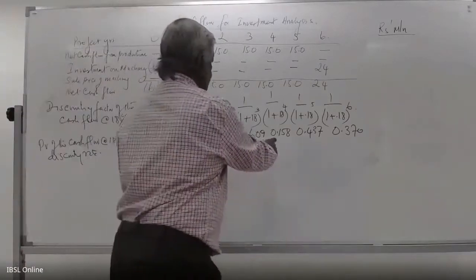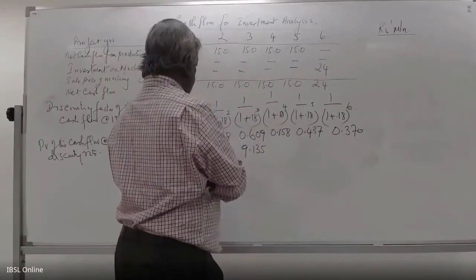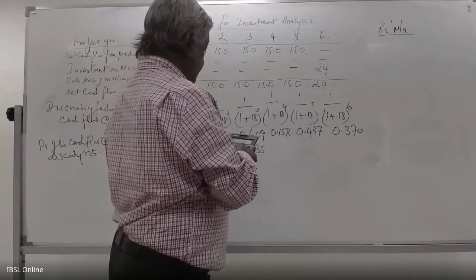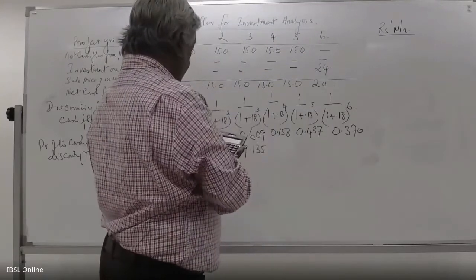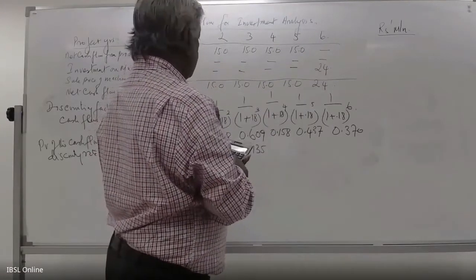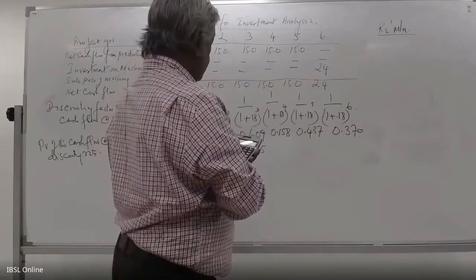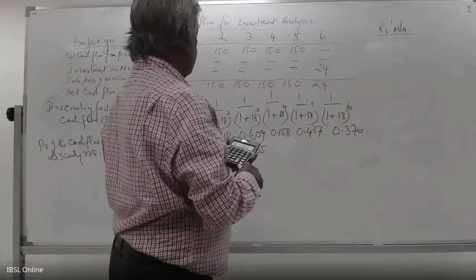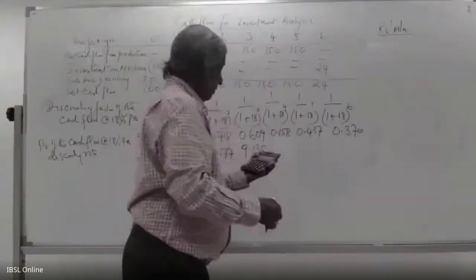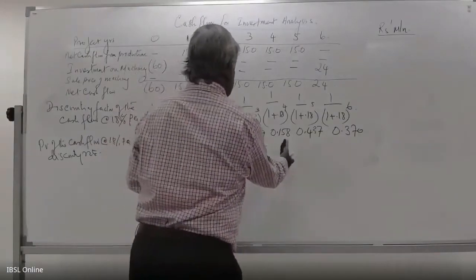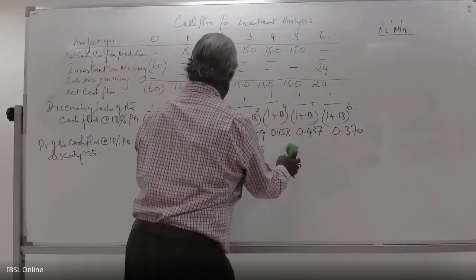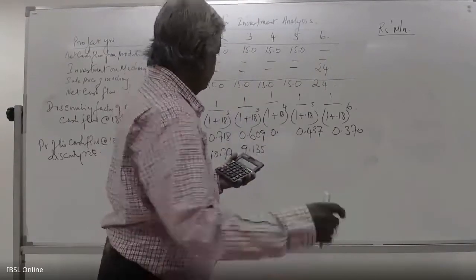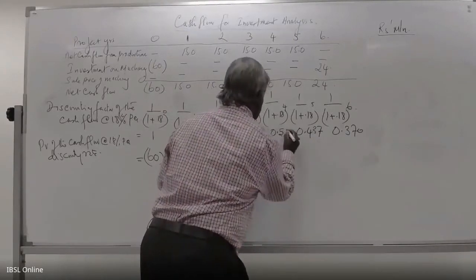Oh, here this is wrong, isn't it? Okay, I'll redo this one. 1 divided by 1.18. This is to the power 4 here. So 1 time, 2 time, 3 time, 4 time, 0.518. Sorry. 0.518.